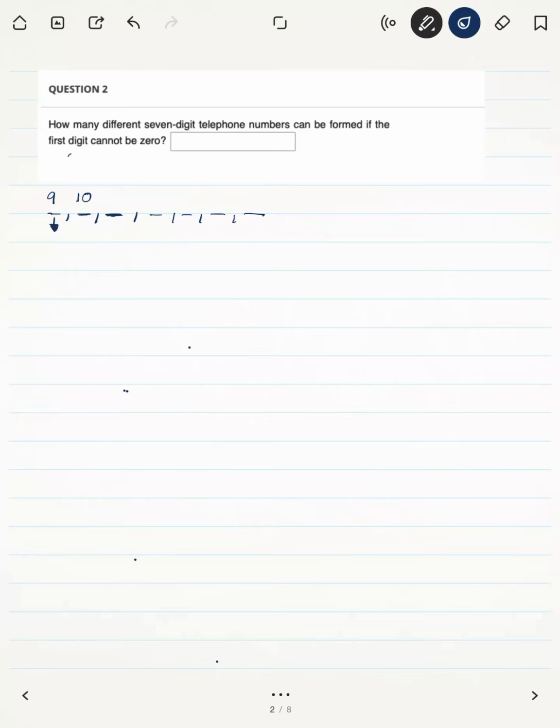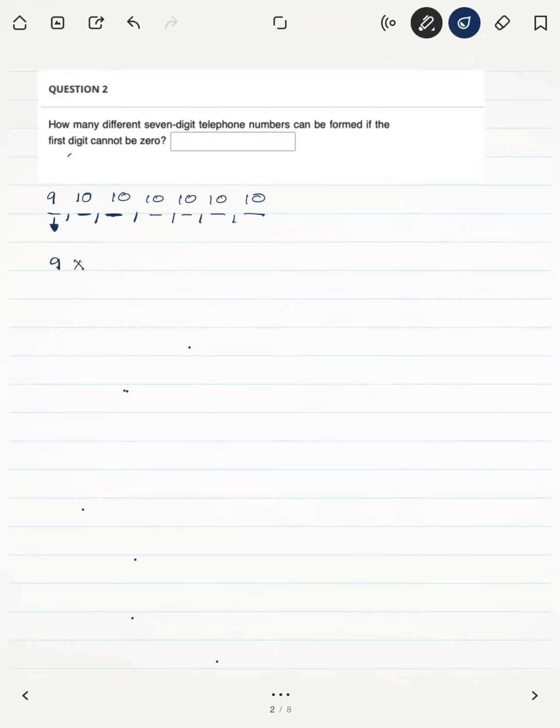This place can be filled in 9 different ways. For the rest of the places, we have 10 choices for each place. So how many different 7-digit telephone numbers can be formed?